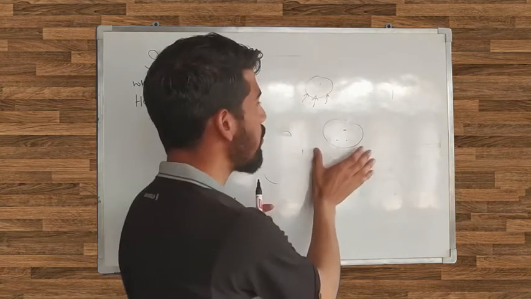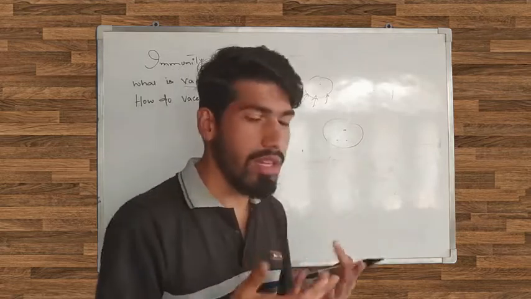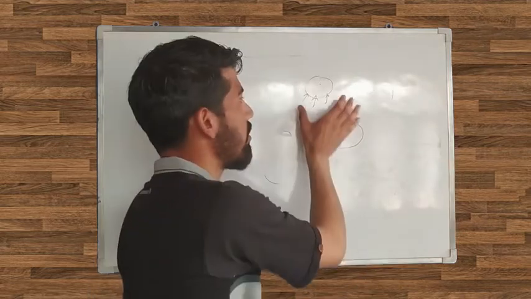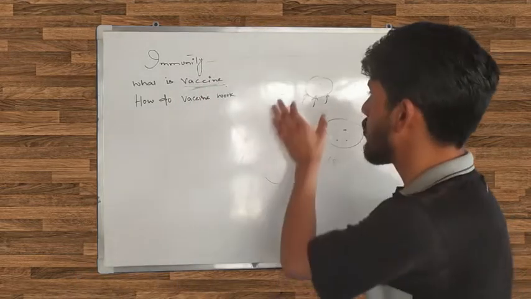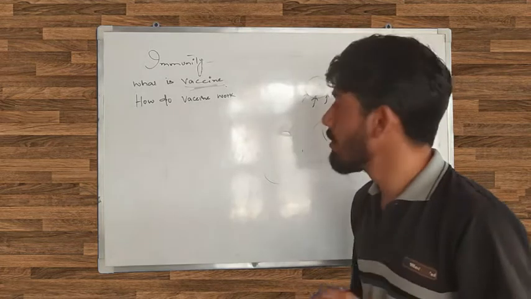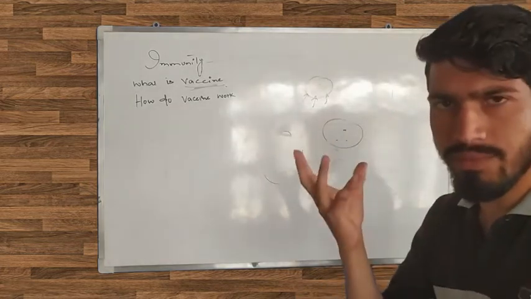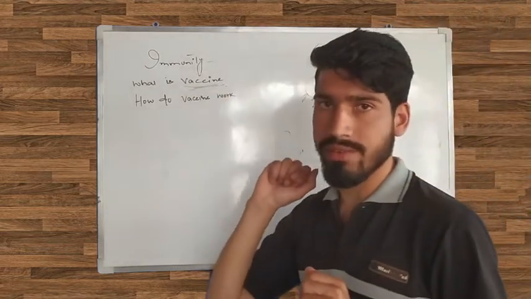So we can take these types of pathogens in different ways. We can take it in weak form. First of all, we destroy the pathogenicity of the bacteria or any pathogen, and then use it in the vaccine.